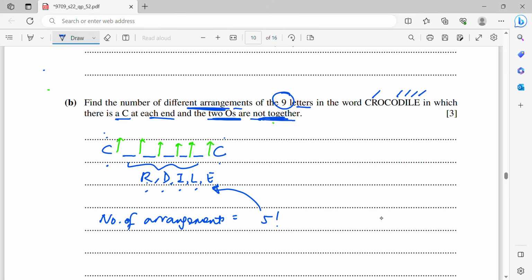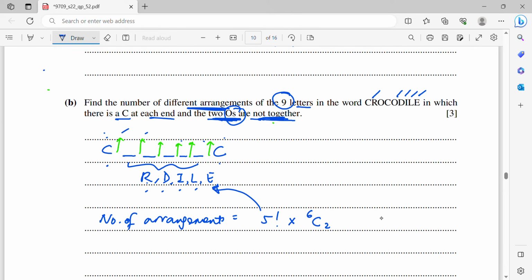After that, followed by times, I need to arrange for the 2 O. Just for information, no need to arrange for the 2 O. You just choose any 2 from the green arrows. From the green arrows, we have 6 there. Out of 6, I just choose any 2 places for the O because these 2 O's are the same.